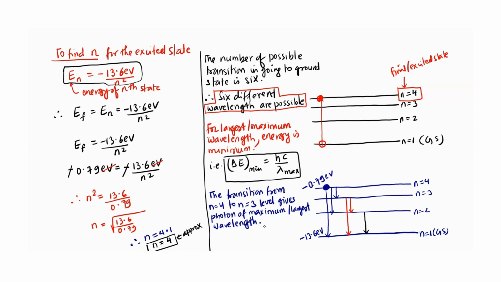Clear? So in order to find the maximum wavelength, we must determine the energy corresponding to n equals 3.